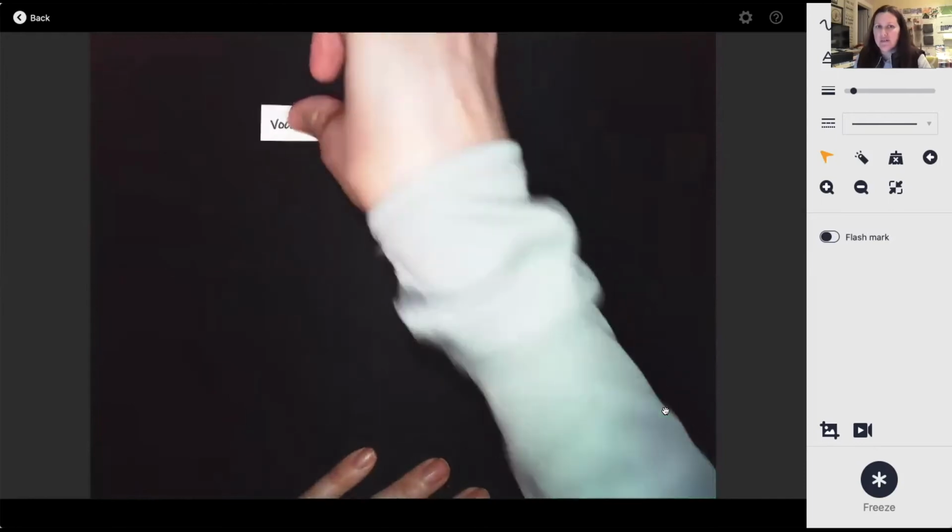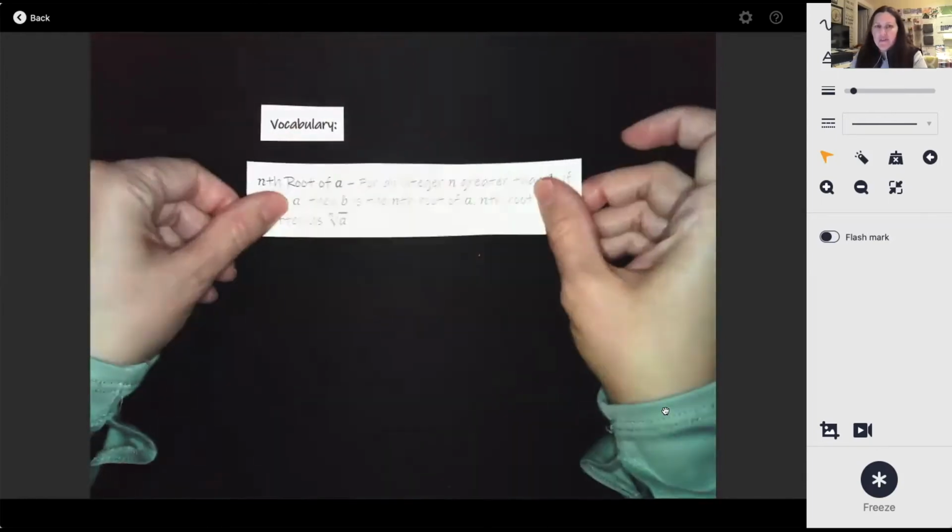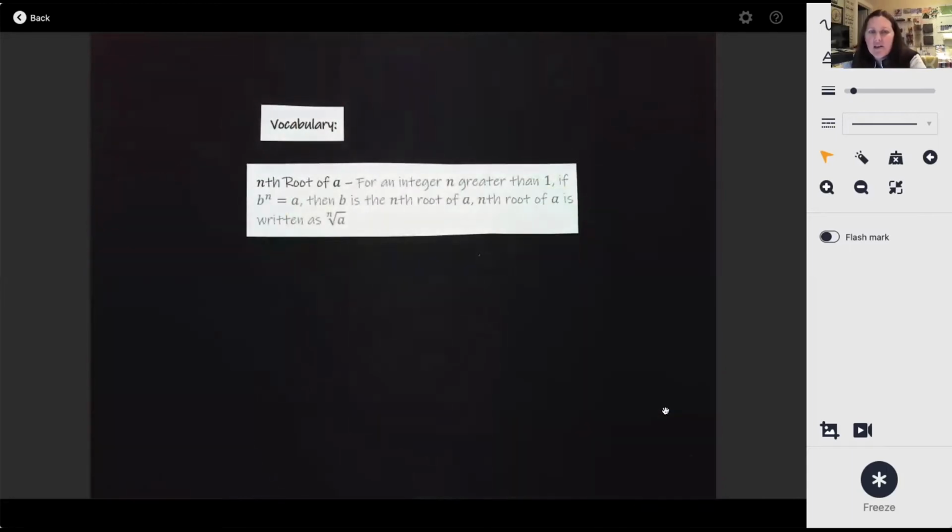So first we need to cover some key vocabulary. Okay, so we have the nth root of a. For an integer n greater than 1, if b to that nth power, that integer n, equals a, then b is the nth root of a.